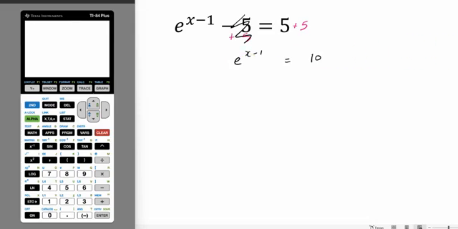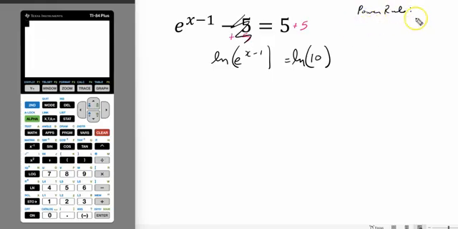Now, base e is one of the special ones, and so instead of writing log with the base e, the abbreviated form is to take ln. So I've done the same thing to both sides, so I still have equality. Now we're going to use a logarithm rule called the power rule.